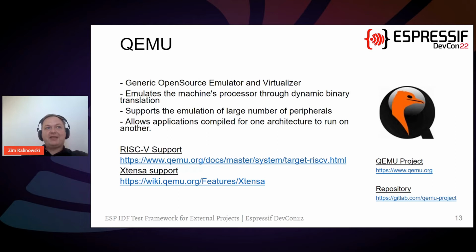It provides emulation of a very large number of peripherals, and what's most important, it has support for Xtensa, and it has support for RISC-V. We have links for the QEMU project here, and also this is the original repo.